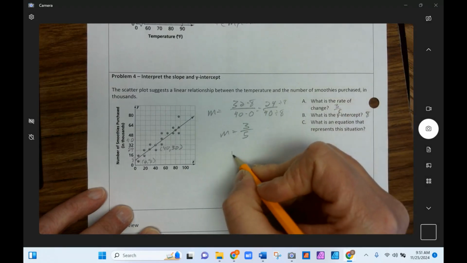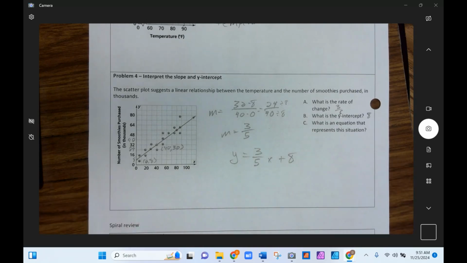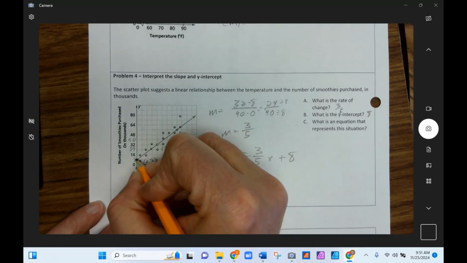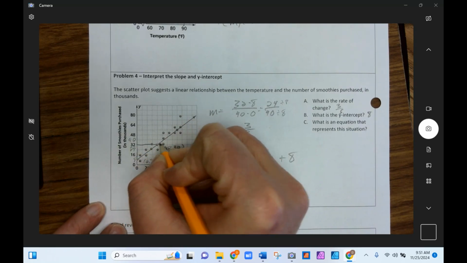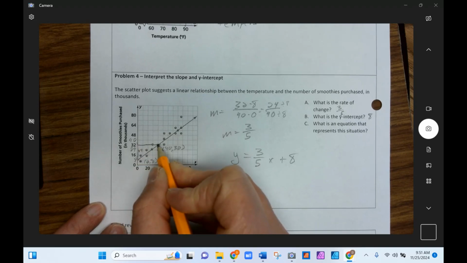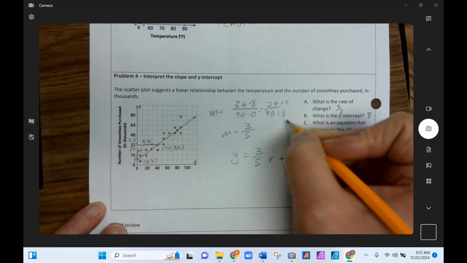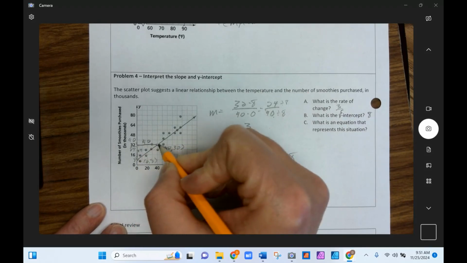What is an equation that represents the situation? y equals 3/5 x plus 8. Kaboom. Easy peasy. Again, from here to here, we're going up 24 from 8 to 32, and then from 0 to 40. Right, that's where those two numbers come from. We're going up 24, and we're going right 40.